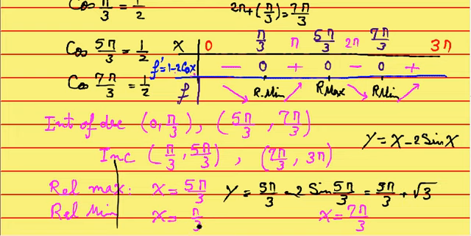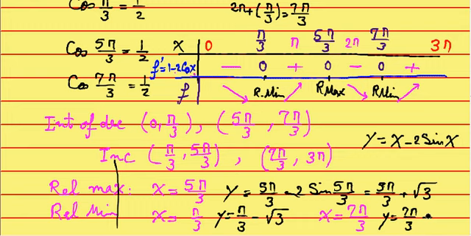Same way here at x equal to pi third, that's probably most familiar to you. What is y? Y is going to be x, which is pi third, minus 2 sine of pi third. Sine of pi third is radical 3 over 2. Sine of 60 degrees, radical 3 over 2 times 2 makes it minus radical 3. When x is equal to 7 pi third, again y becomes 7 pi third, and sine of that, that's still in the first quadrant.